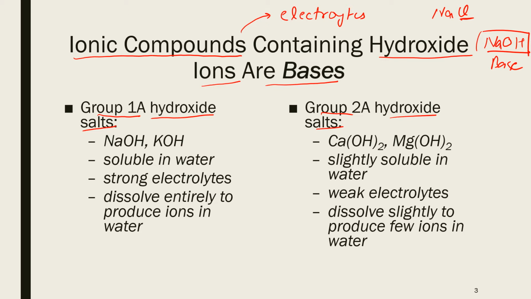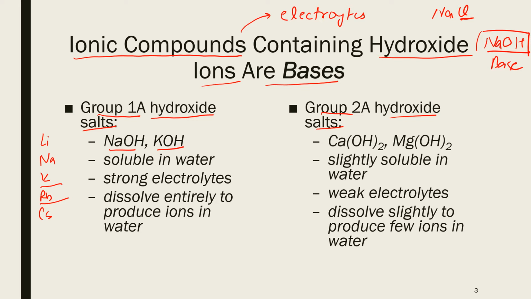Group 1A contains lithium, sodium, potassium, rubidium, cesium. So all of their hydroxides such as sodium hydroxide, potassium hydroxide, rubidium hydroxide, cesium hydroxide, will all be bases. They will also be electrolytes because they are still ionic compounds, but on top of that, they will also be classified as bases.